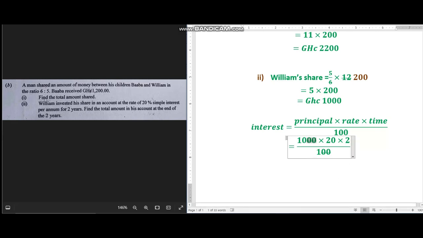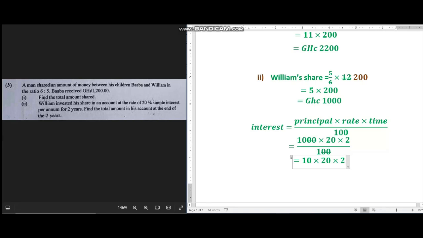And then we will be left with 10 multiplied by 20 multiplied by 2, all over 1.